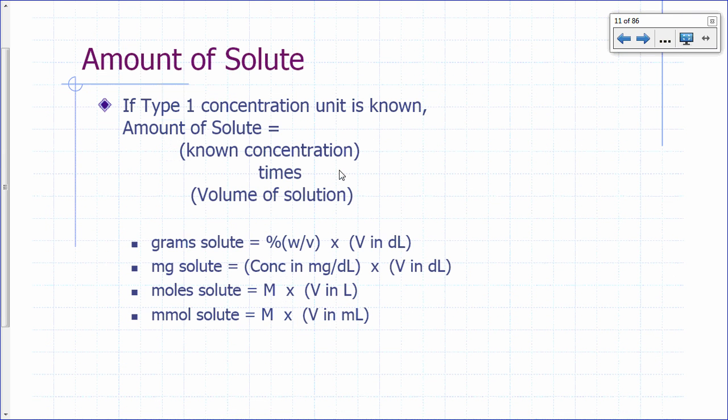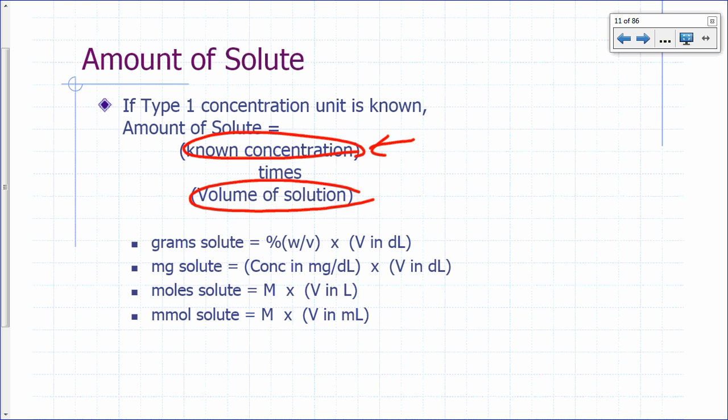Okay. Now, if you know the concentration of a solution and you had a sample of it, so let's say you went to the lab, there's a label on the bottle that tells you what the concentration is. How can you figure out how much solute is in there? All you have to do is multiply whatever the known concentration is by the volume of the solution if the concentration unit is of type 1.